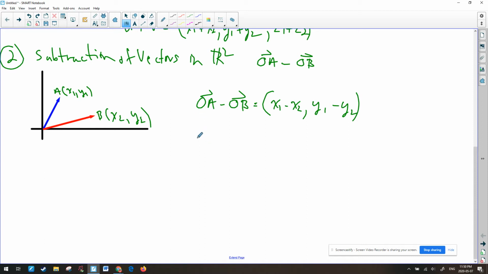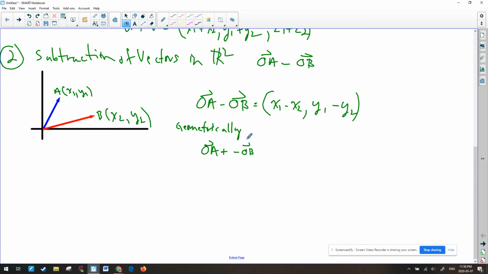So let's look at what we would do. If we looked at this from a geometric stance, it holds as well in algebraic, of course. But geometrically, I would say, well, instead of doing OA minus OB, I'm going to do OA plus negative OB.